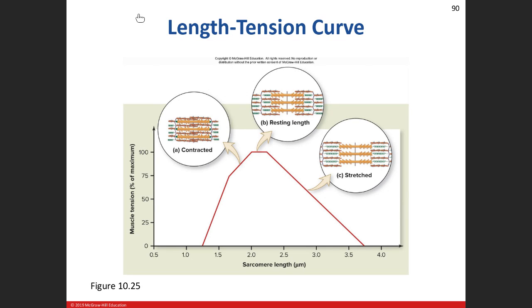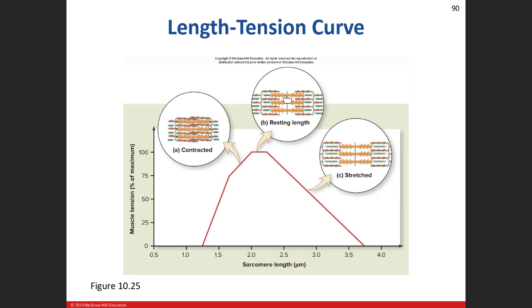So this chart here shows you length over muscle tension. You can see the shorter the sarcomere length, the more contraction is occurring, and you're not going to be able to generate as much force. The same thing here when it's stretched, because there's virtually no overlap, and this is overlapped as much as possible. You can't contract it any shorter.